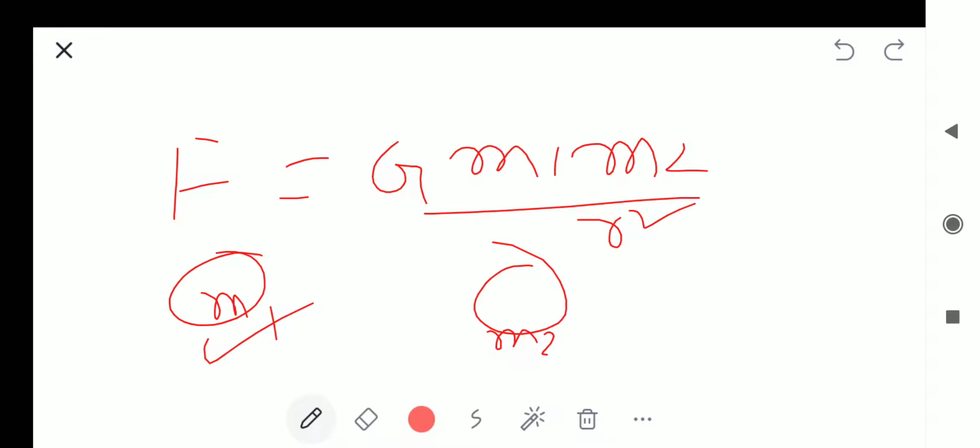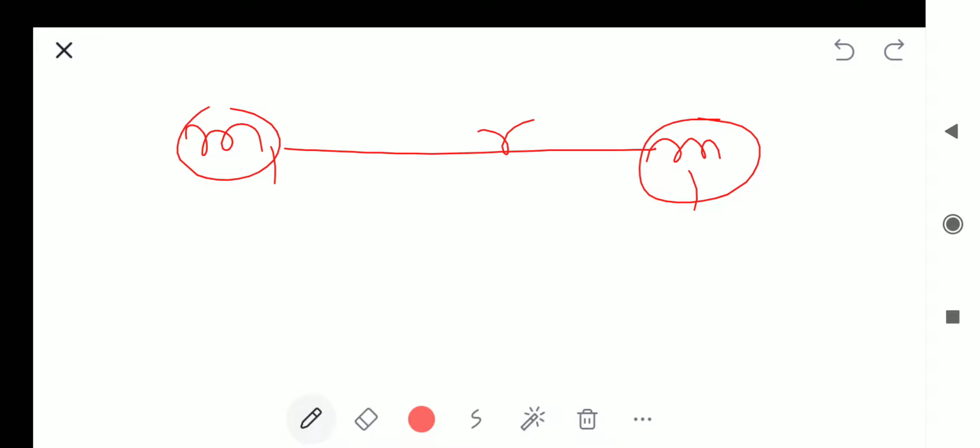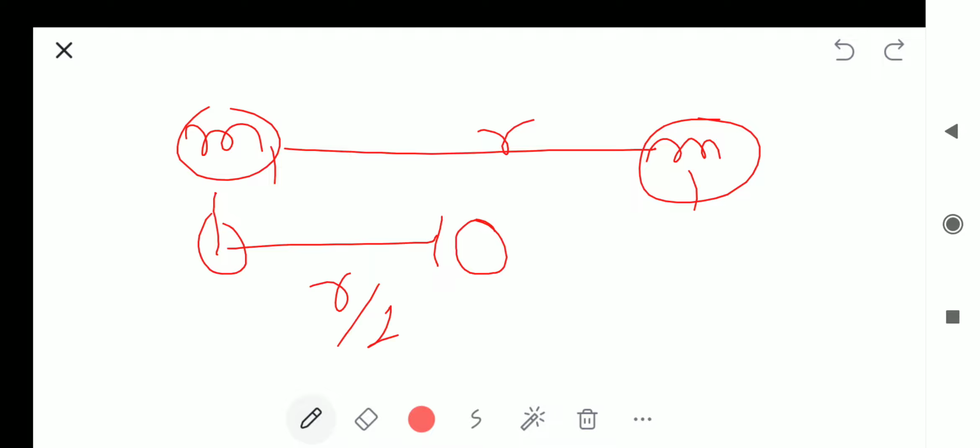If the mass or the distance changes, any of them, the force of gravity will change. For example, if the distance between the two bodies is decreased to r by 2, with the masses the same as initially, what will be the force of gravity?